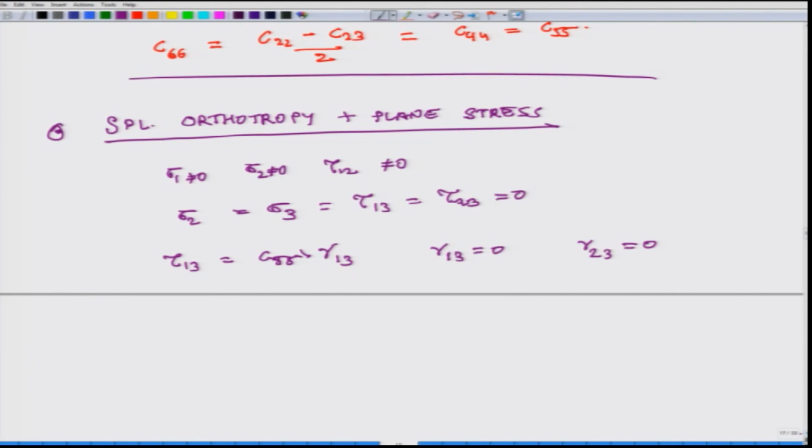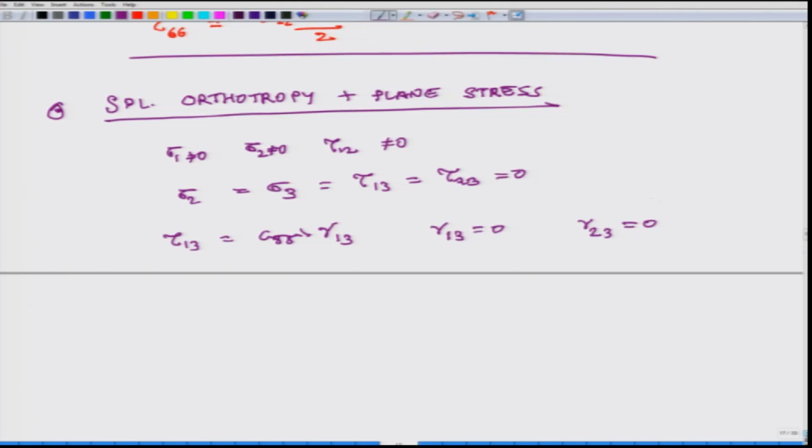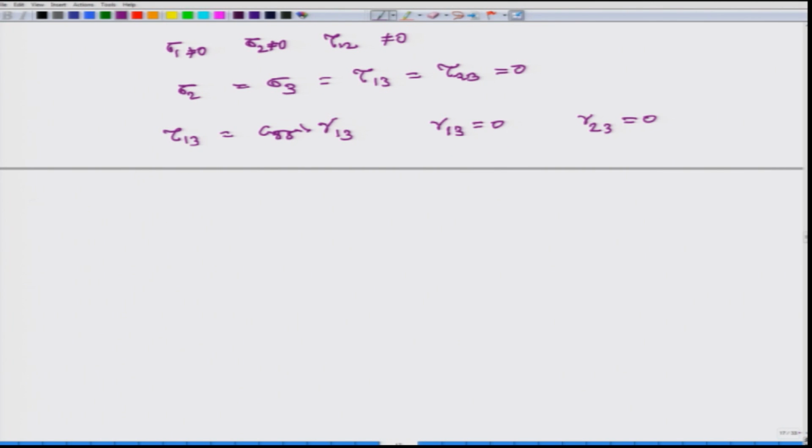So, we have 9 constants and that number of constants, because of that it just comes down to 7, because we do not need C 4 5 and C 4 4, but this number of constants comes down further.